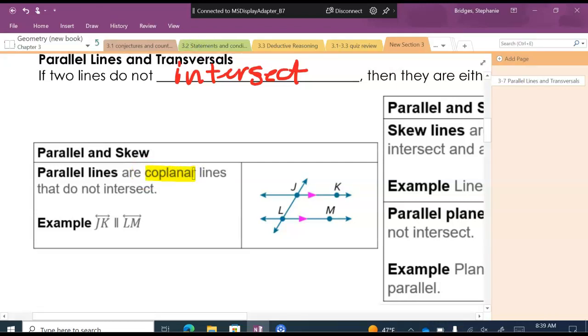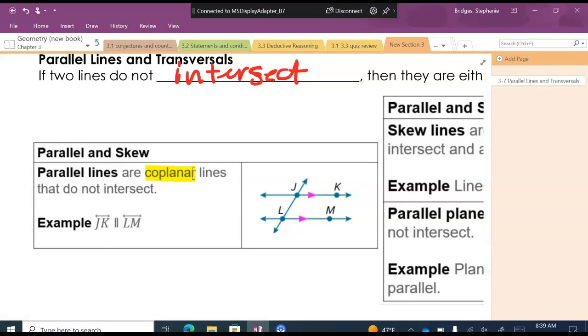So in this picture, the top line, line JK, is parallel to line MN. Now, what I need you to notice are the little markings on this, because sometimes they won't tell you they are parallel. They will give you those markings. Does everybody see on my screen the pink arrows?